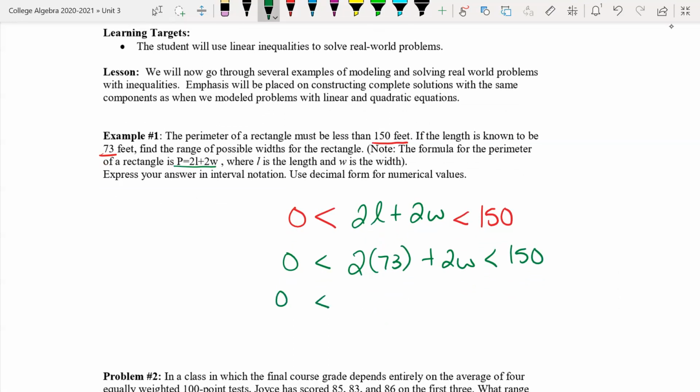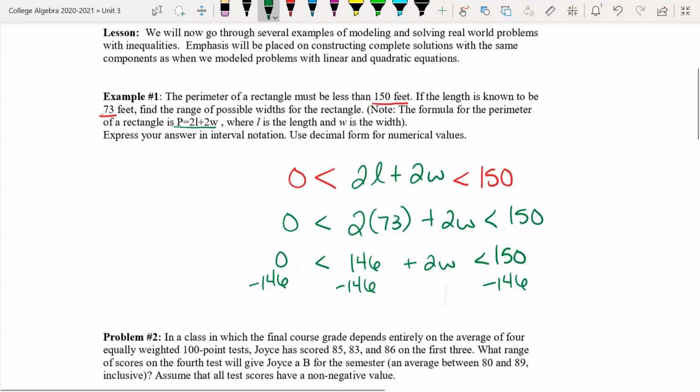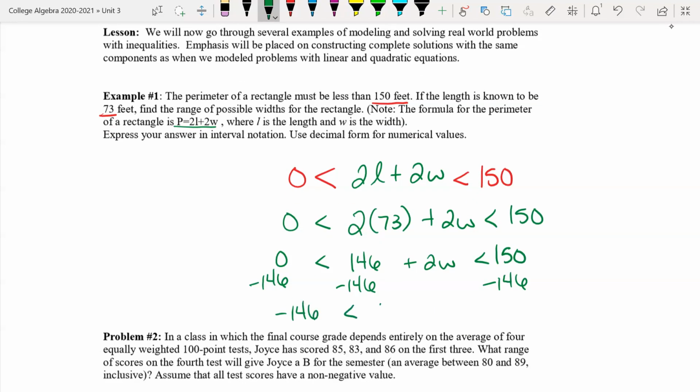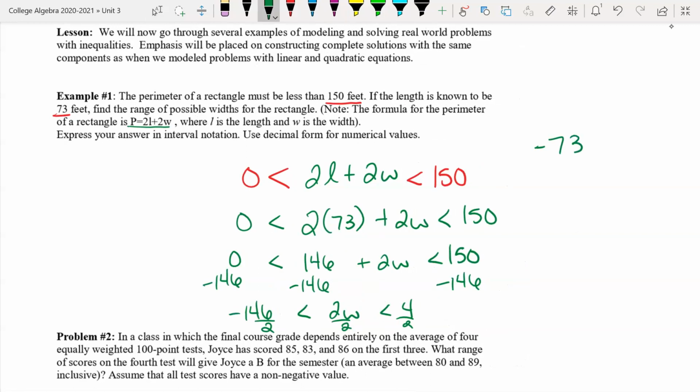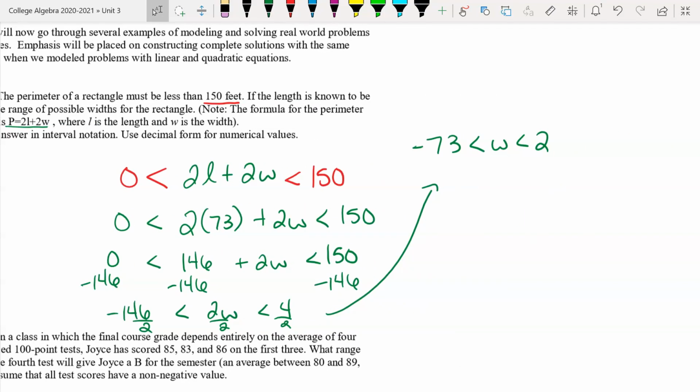So make it 0 less than 146 plus 2W less than 150. So when you solve this, you get negative 73 less than W less than 2.